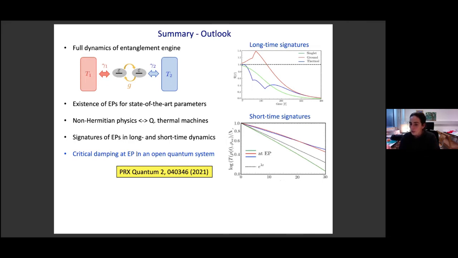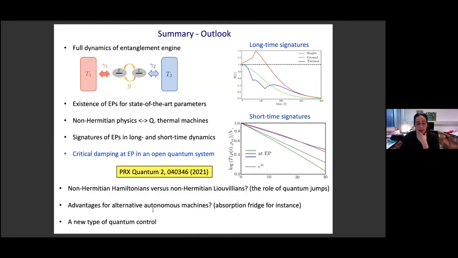It's by choosing a certain point in the parameter space that you can control how your system is evolving towards a steady state. And so it may have advantages, for instance, for operating quantum Sommel machines, no? Which, because in many works, we are interested in steady state quantum Sommel machines.